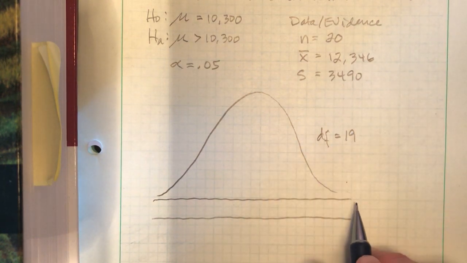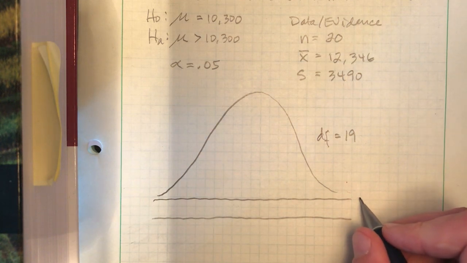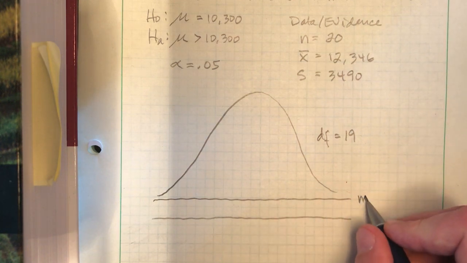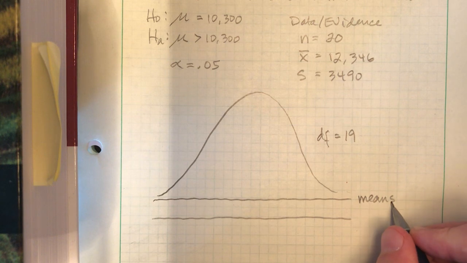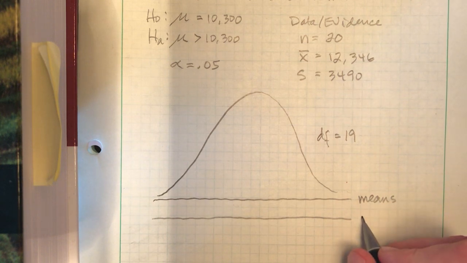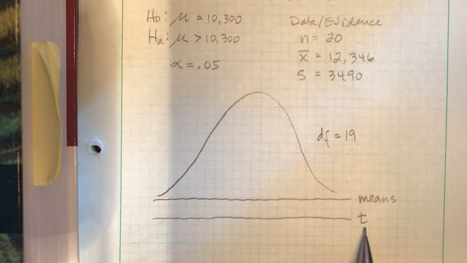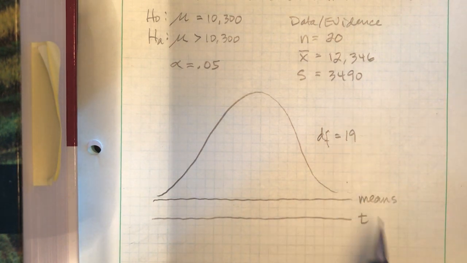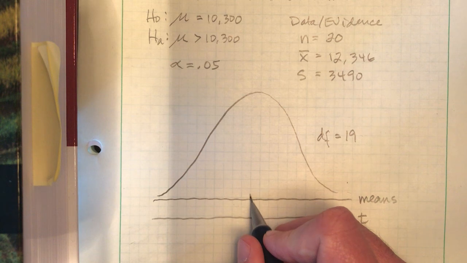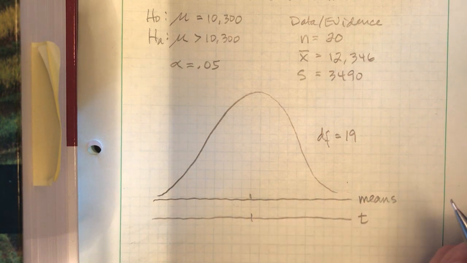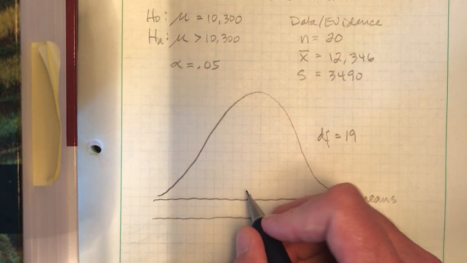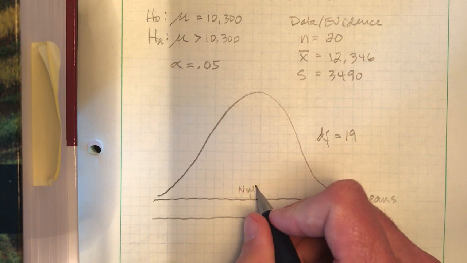The other thing I like to put on my sketch is I like to label what is on the top number line. We are capturing averages or means. And my second number line is my test statistic. In the world of proportions, it's a Z number line. In the world of means, it's the T number line. So, what was true last time is true still. How do I set up my number line?